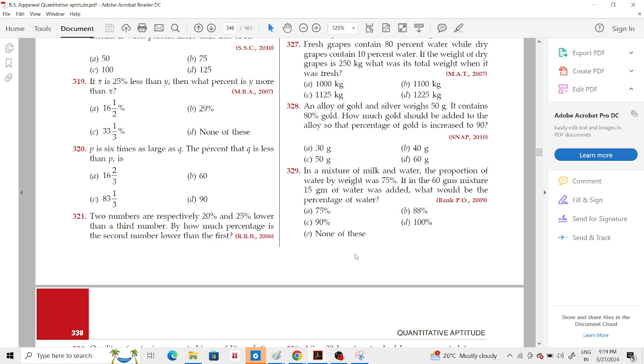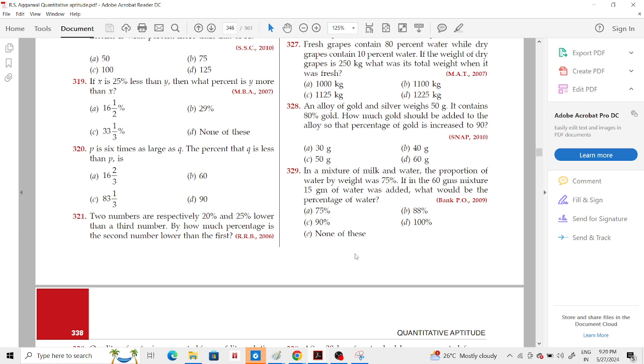So that means 50 plus x. Now 90% of this 50 plus x is equal to the total amount of gold. What is the initial amount of gold? 40. In that you added x amount, so 40 plus x is equal to 90 by 100 into 50 plus x.